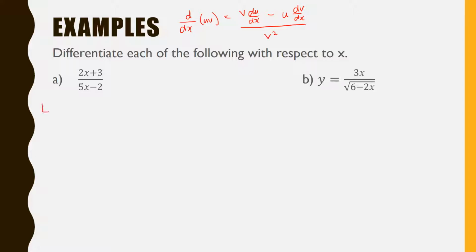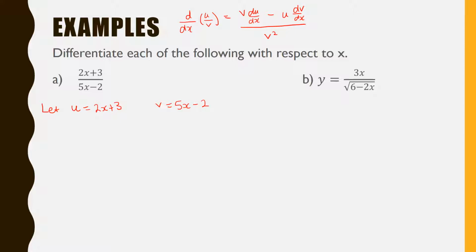So we will let u, the numerator, and sorry, just a minute, I've drawn this like it would be the product rule there. What we're doing is that we are having u over v, okay, because it's the quotient rule. So we let u, the numerator, equal 2x plus 3, and v, the denominator, equal 5x minus 2.